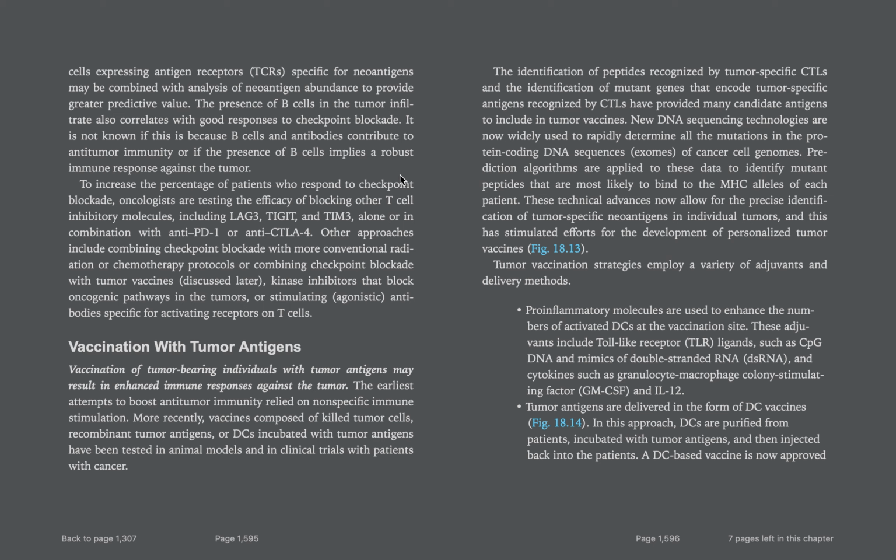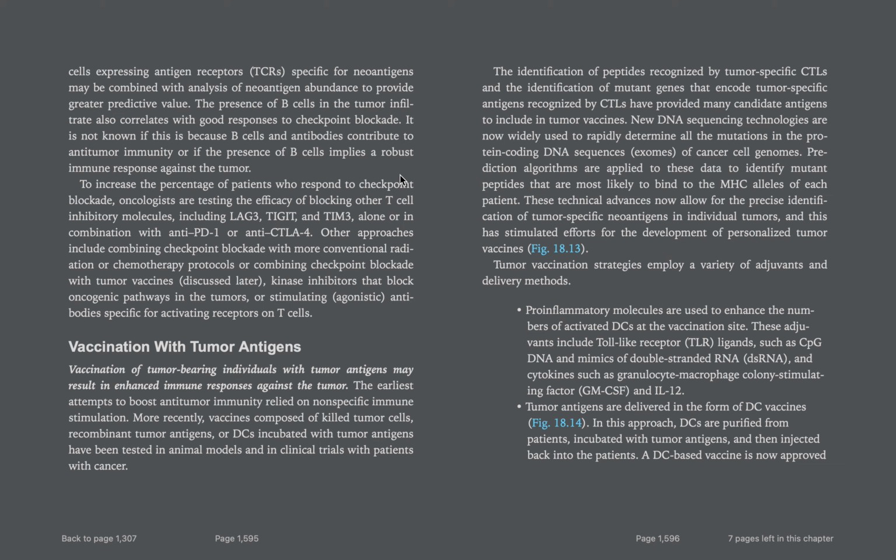This technical advance now allows for the precise identification of tumor-specific neoantigens in individual tumors, and this has stimulated efforts for development of personalized tumor vaccines. Tumor vaccination strategies employ a variety of adjuvants and delivery methods.